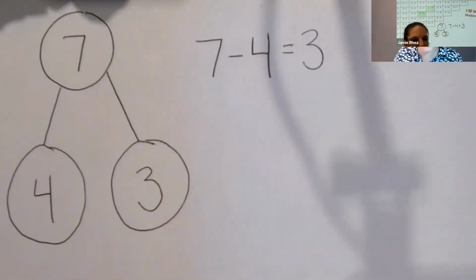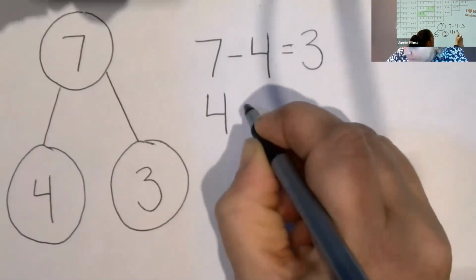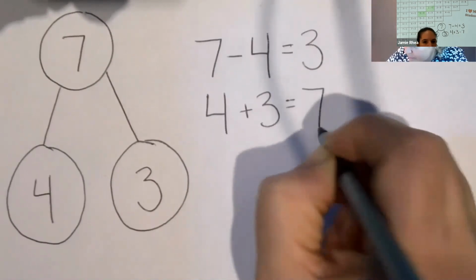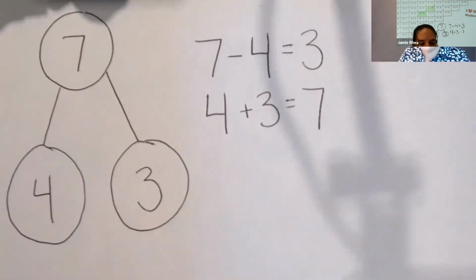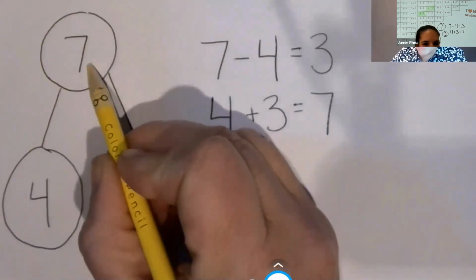What addition problem helped us figure that out? We knew that it was either 4 plus 3 or 3 plus 4. Great job. Let's now color the total 7 yellow.